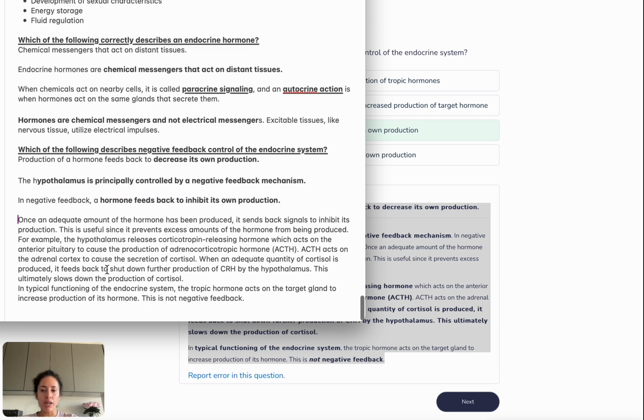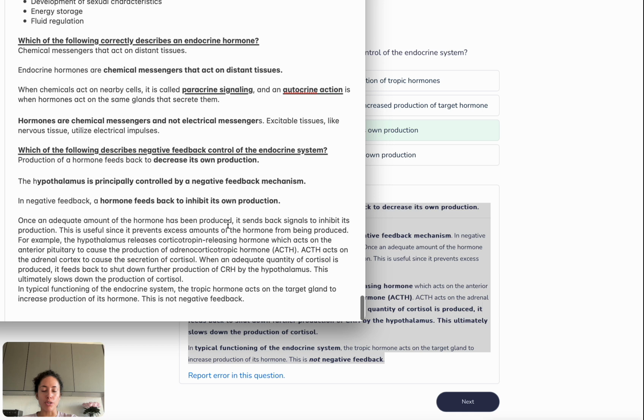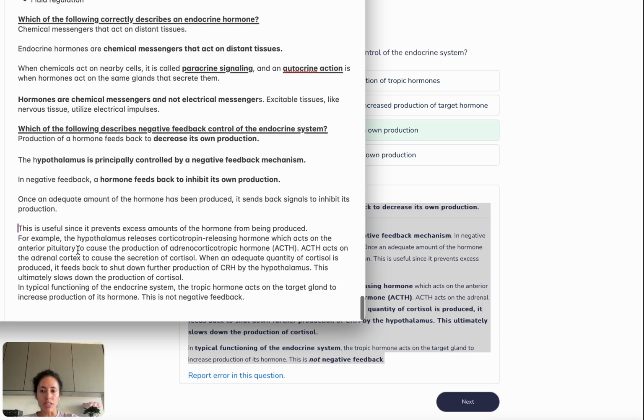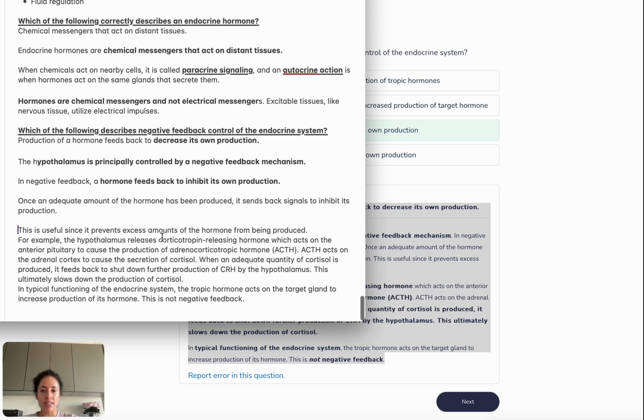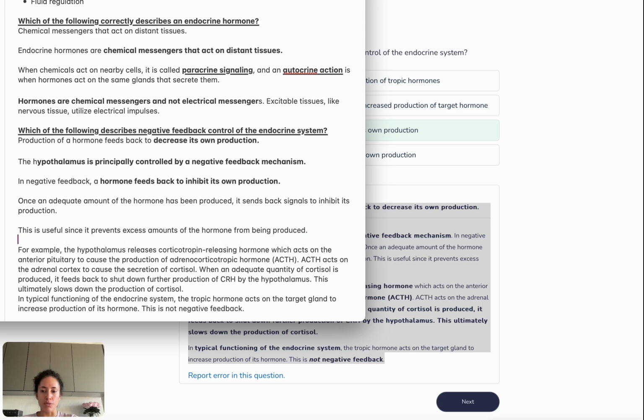Once an adequate amount of the hormone has been produced, it sends back signals to inhibit its production. This is useful since it prevents excess amounts of hormone from being produced.